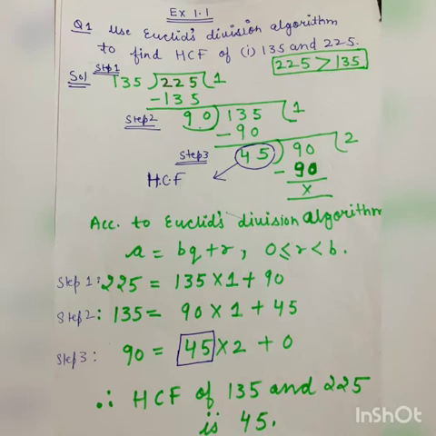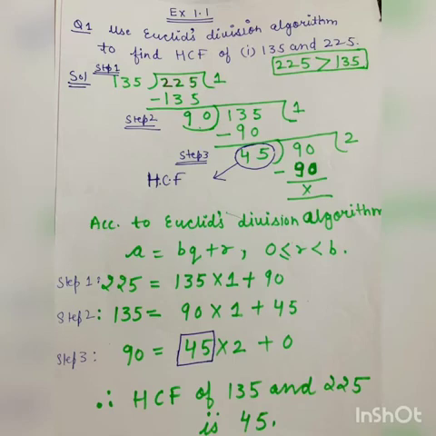Use Euclid's division algorithm to find HCF of 135 and 225. Solution of this question. We know 225 is greater than 135. So, we shall divide 225 by 135. In first step, we shall perform simple division.